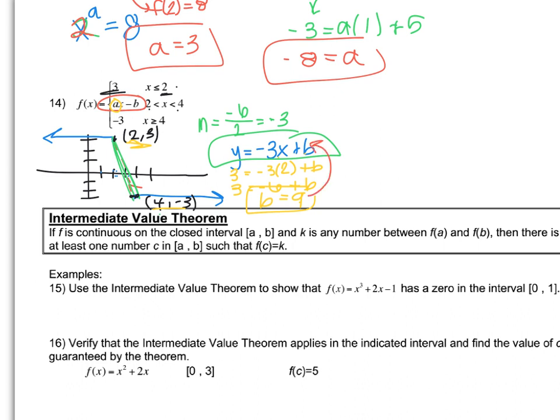However, if you look at the way our function is defined, it's ax minus b. So if we got a positive 9 here to plug in for plus b, then the solution to our problem, which is ax minus b, b would equal negative 9. So the solution to this problem is a equals negative 3, b equals negative 9.